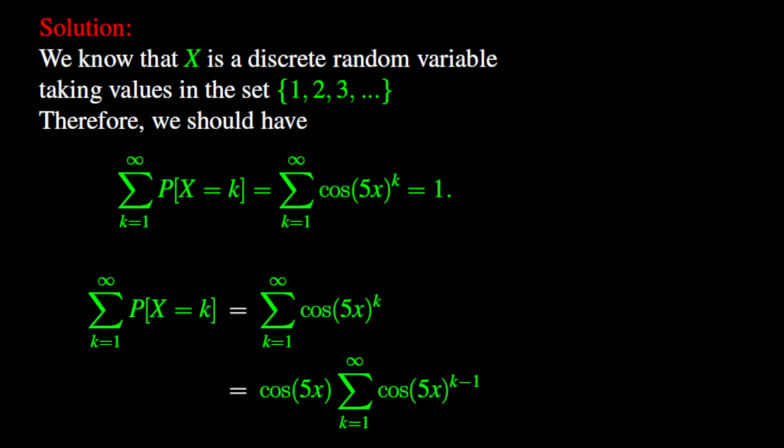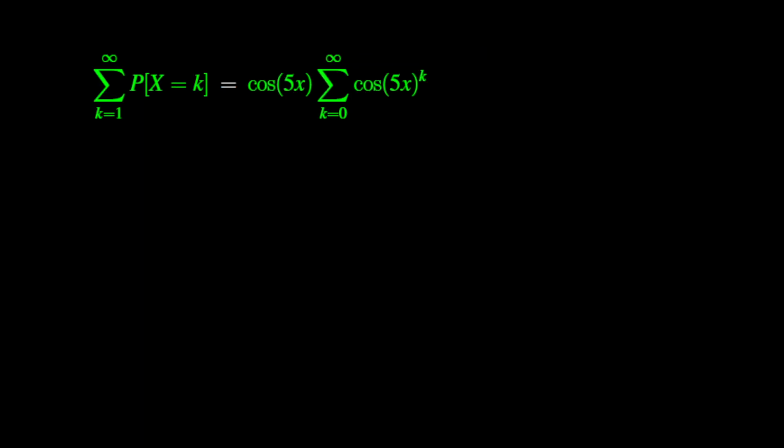As a result, we factor cosine of 5x out and we see that the sum of probabilities is equal to cosine of 5x times the summation of cosine of 5x to the power k minus 1, for k going from 1 to infinity. We rearrange the indexes and see that the sum of all probabilities is now equal to cosine of 5x times the summation of cosine of 5x to the power k for k going from 0 to infinity.